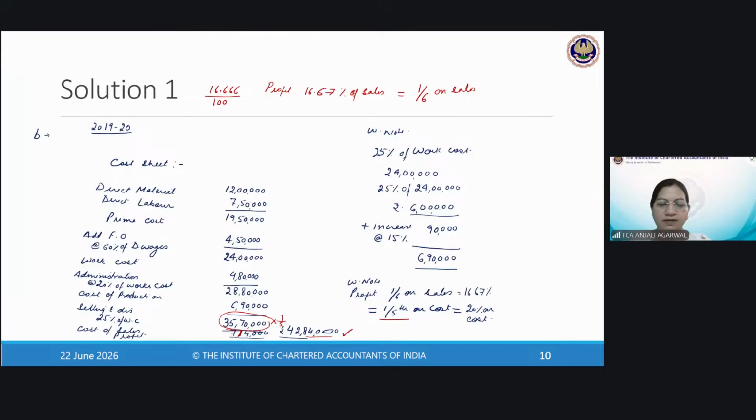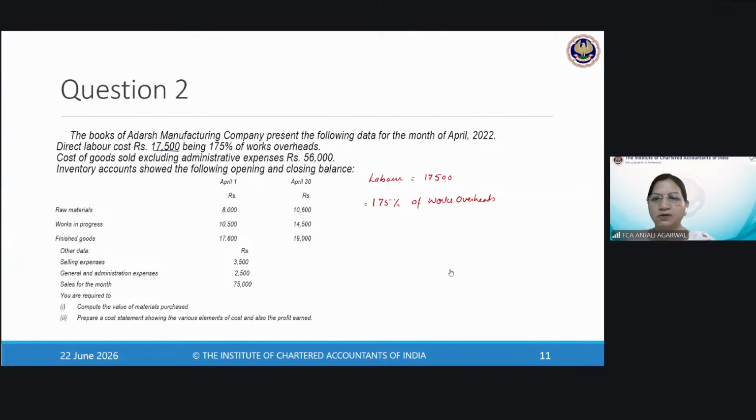Sales value is correct. So 714 is the profit that we have added, but I might have read it as 774. Okay. So hope it is sorted.